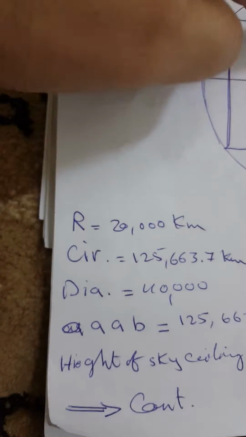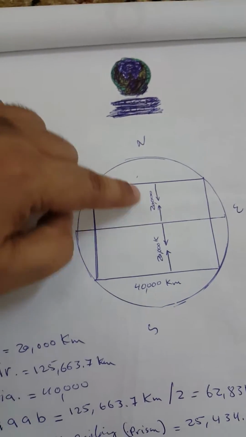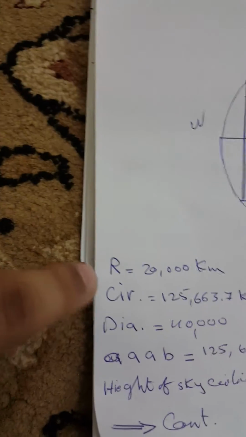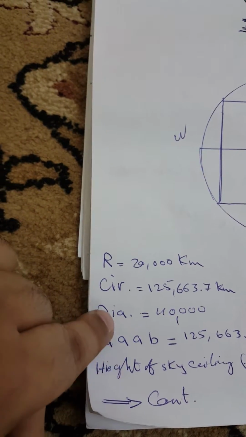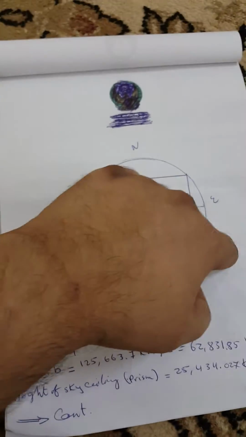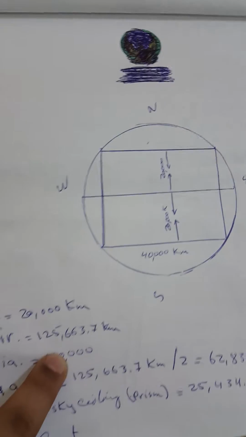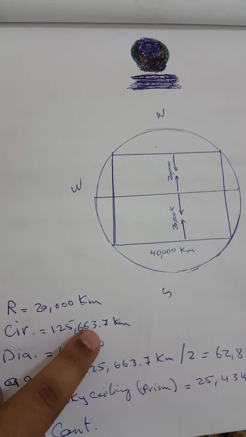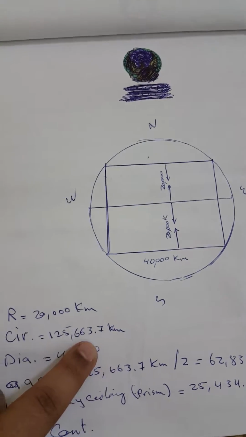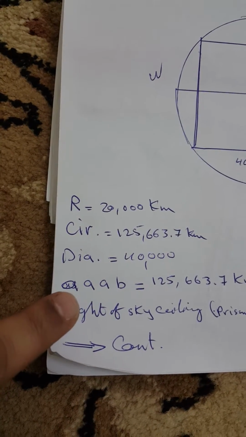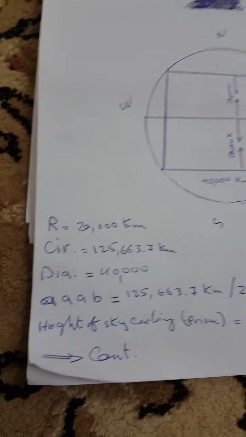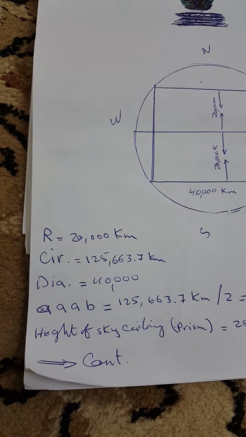If the radius is 20,000, which is here 20,000 by 20,000, and the diameter is 40,000, which is the total length here, 40,000 by 40,000, the circumference has to be 125,663.7 kilometers.